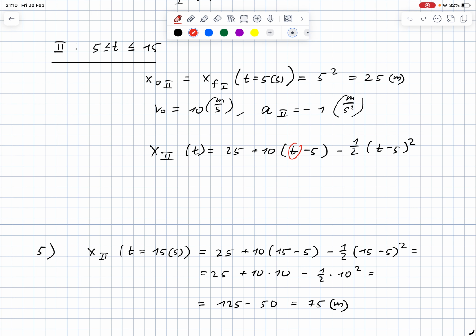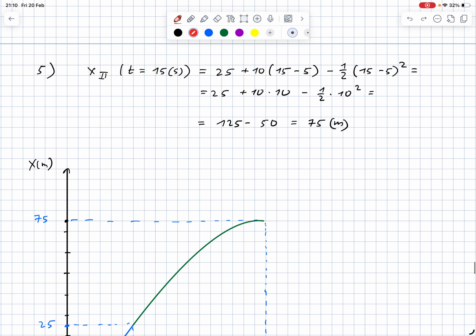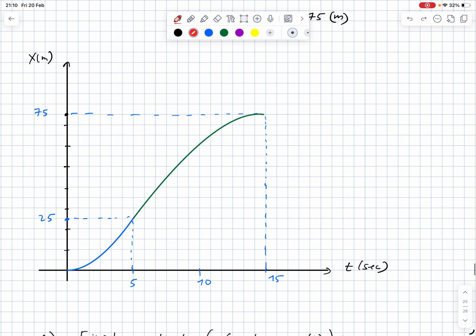You can check it by yourself and see that the final position is 75 meters. And the graph will look something like this. If you look at the first time interval, you see that the parabola is happy, and when you look at the second time interval, the parabola is unhappy.